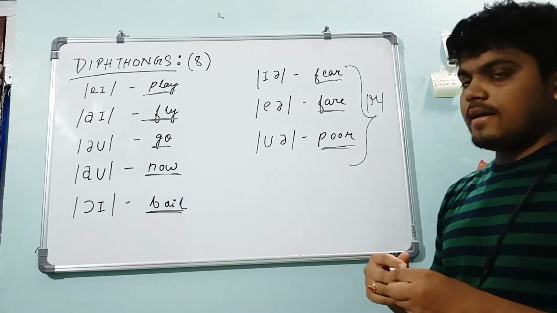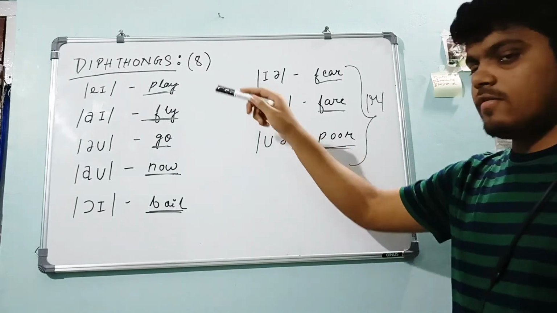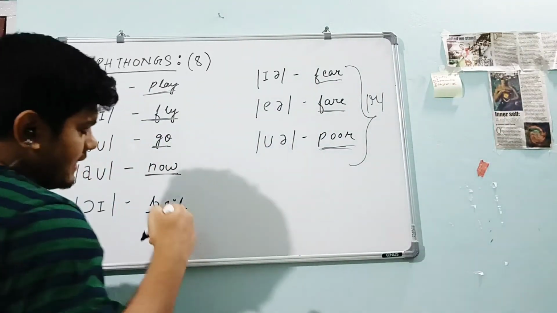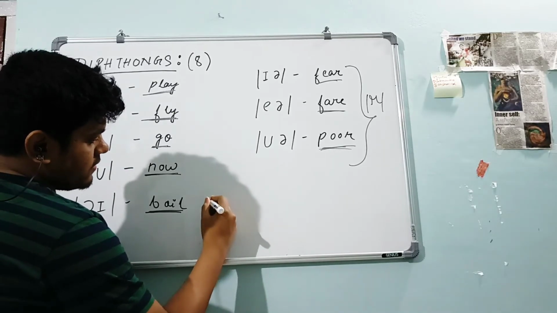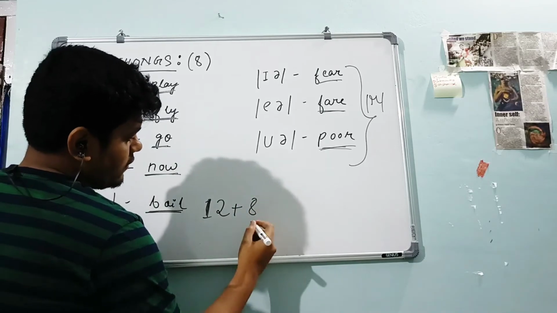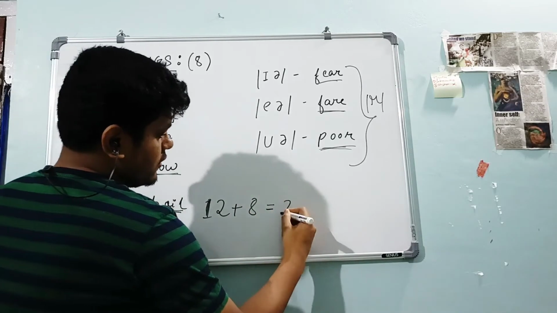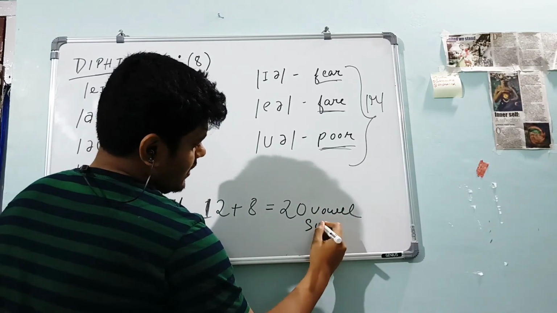So these were the diphthongs present in the English language, a total of 8 diphthongs. Previously we saw that there are 12 monophthongs, so 12 monophthongs plus 8 diphthongs gives a total of 20 vowel sounds in the English language.